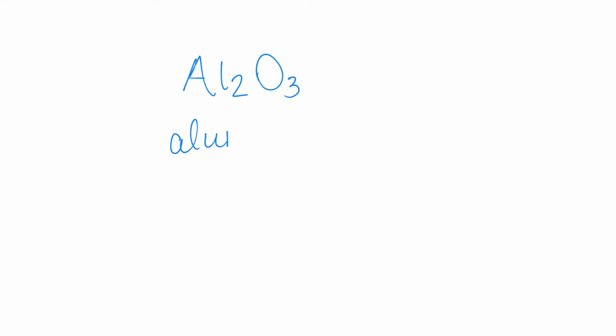So we're going to say aluminum, because that's Al, and oxygen, we're going to take off the "gen", actually we're going to take off the "ygen", and that's going to become aluminum oxide. All right, that's all there is to it.